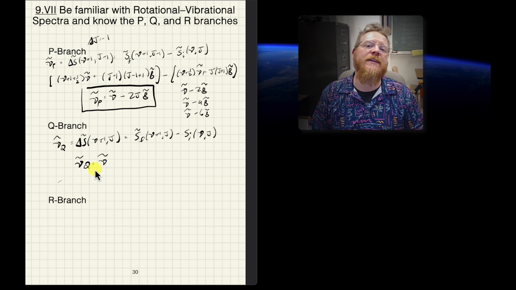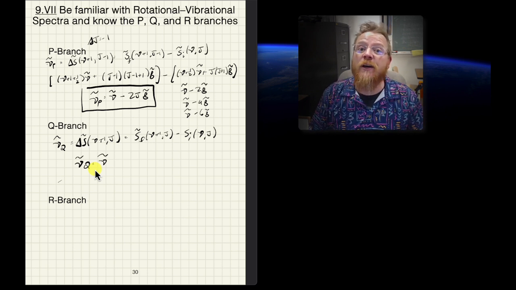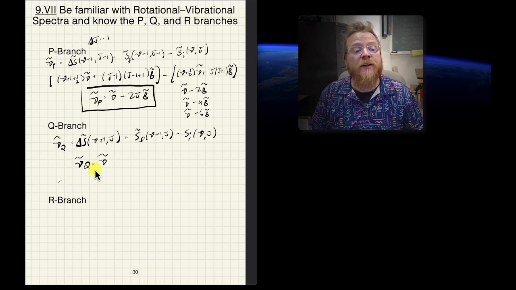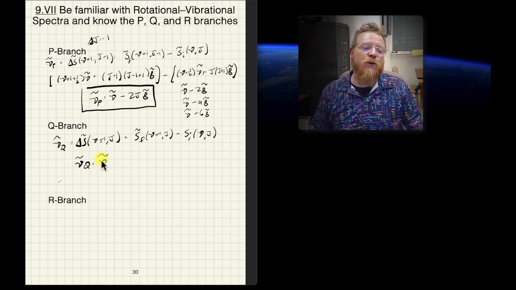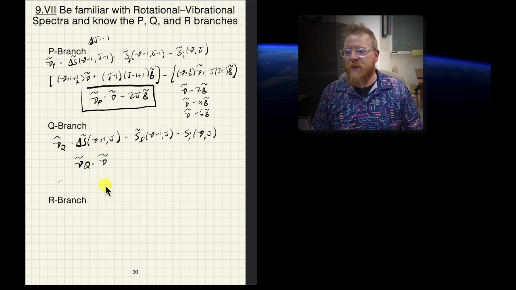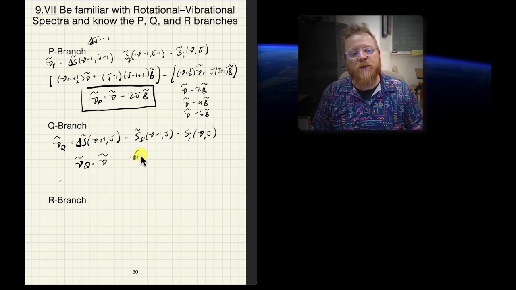And so in the case of a liquid or solid that doesn't display a rotational vibrational spectrum, the Q branch is the peak of that vibration.